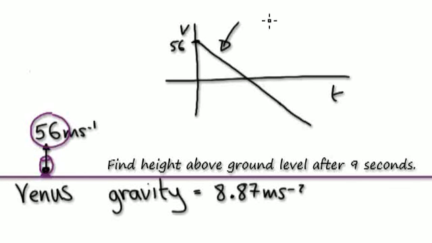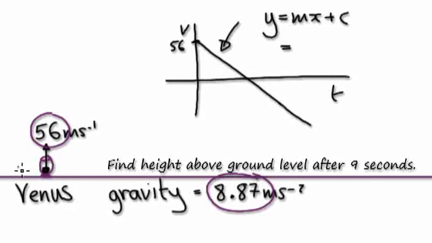So it's a straight line, so you know it's y equals mx plus c. Now m is the gradient of this line, and because we've taken positive to be up here, then gravity acting downwards would be negative. So the gradient here will be negative.